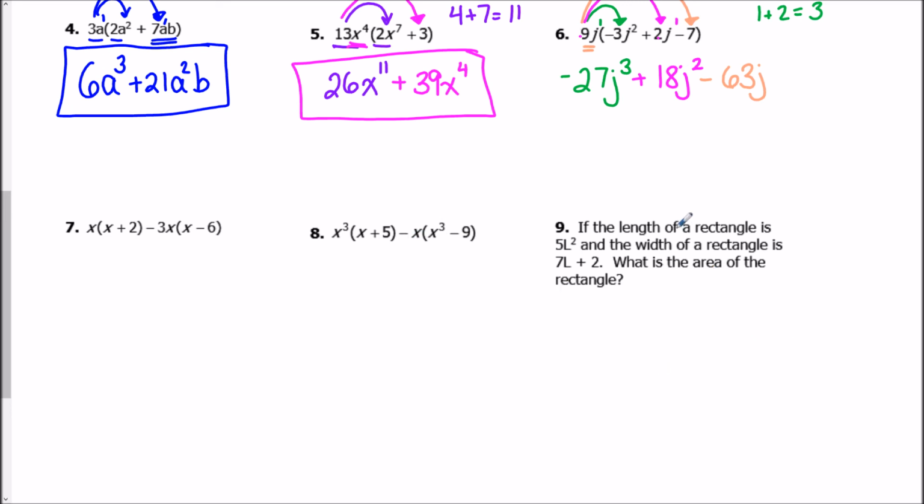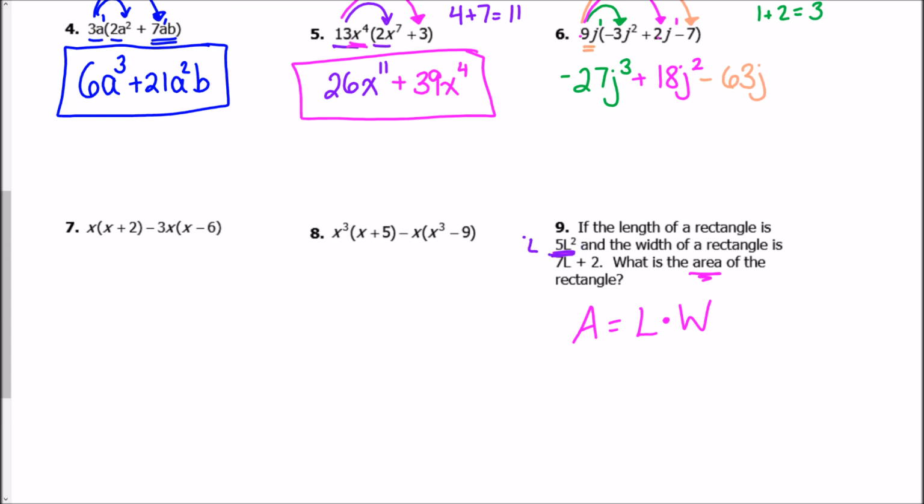For question number 9, it says if the length of a rectangle is 5l squared and the width of a rectangle is 7l plus 2, what is the area of the rectangle? So remember, area is always going to be length times width. Here our length is 5l squared, okay?